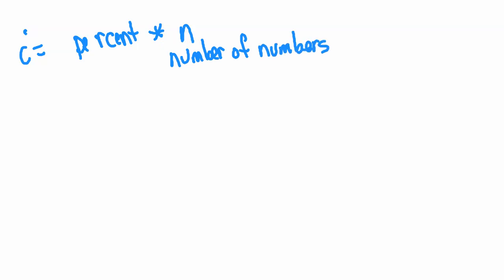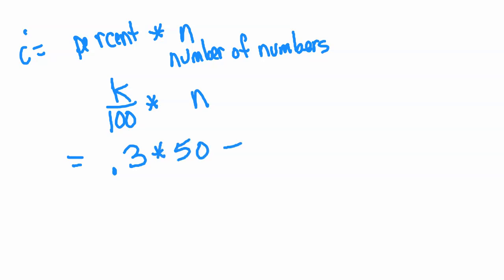Or our percent could be like K over 100 times N. Okay, so we have the 30th percentile, or 0.3, times we have 50 numbers, and we get 15. And that just gives us the position of the number when we do it longhand.